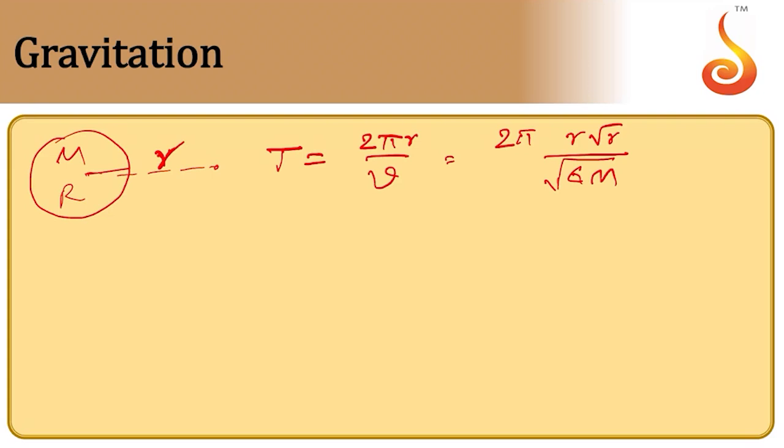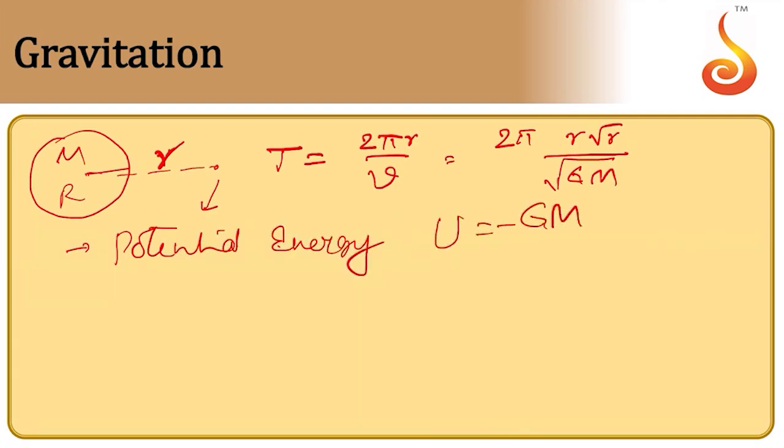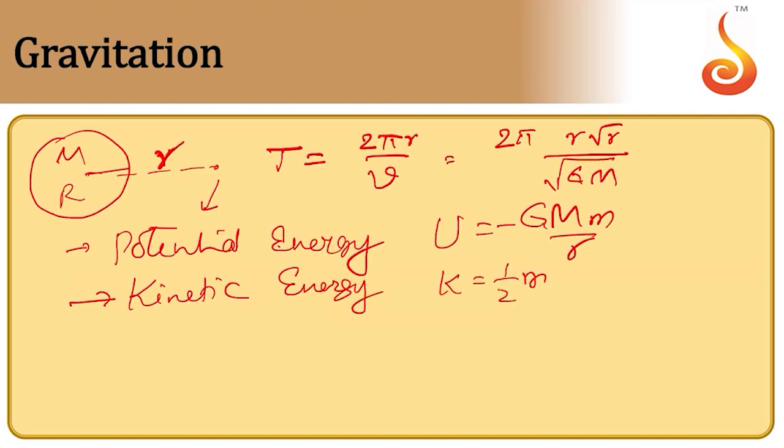If I consider the same satellite, its energies are like this. First of all, potential energy. Potential energy is given by minus GMm divided by r, and kinetic energy is given by half mv square, and if I substitute for that v, I get GMm divided by 2r.